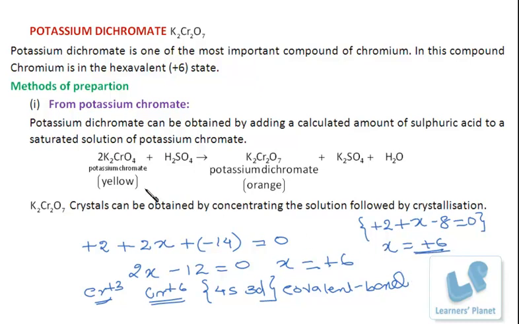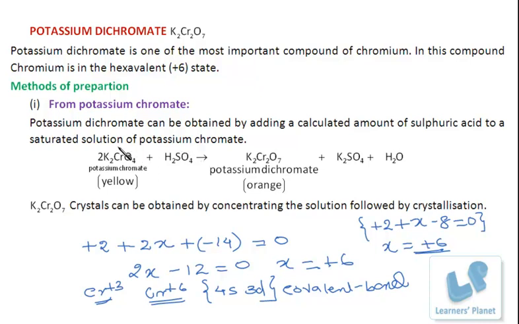From this potassium chromate, potassium dichromate can be prepared. How? Potassium dichromate can be obtained by adding a calculated amount of sulfuric acid to a saturated solution of potassium chromate.